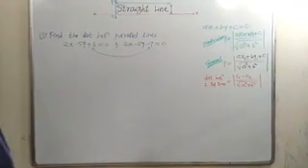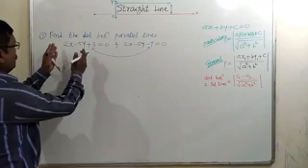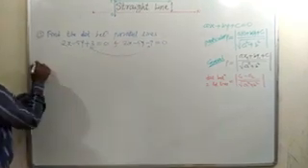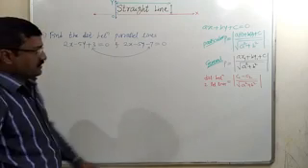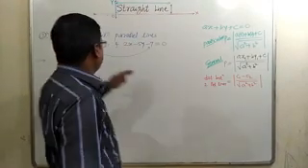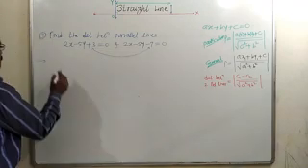What to do? First, write the coefficients. These two equations have the first two terms the same. You know this formula, that's why we will compare these two equations with the general form of the equation of a line.